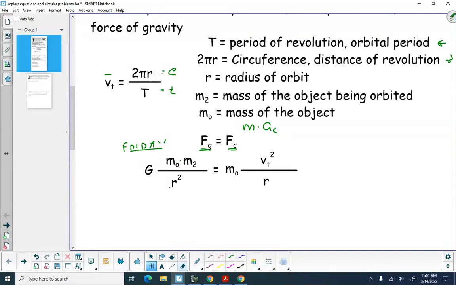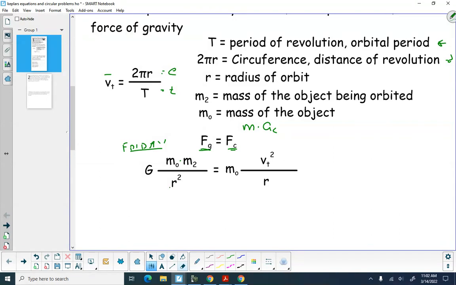So we have these two things that are going to be equal. They have to be equal if we are to have circular paths or close to circular paths. We have to have a centripetal force between the bodies, but we also have to have a gravitational force between these two bodies. They have to be the same.